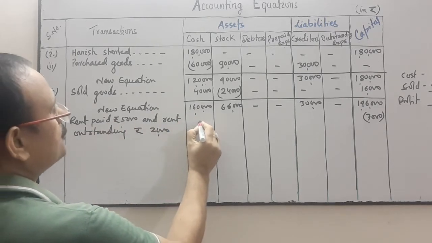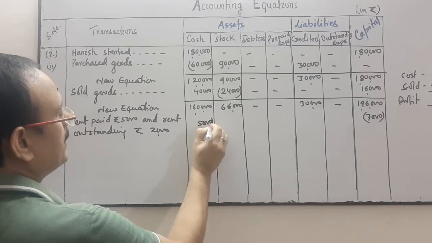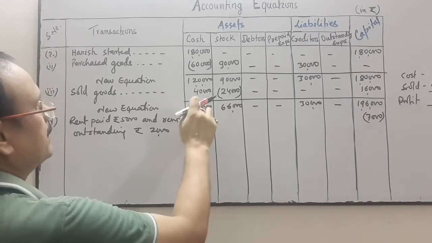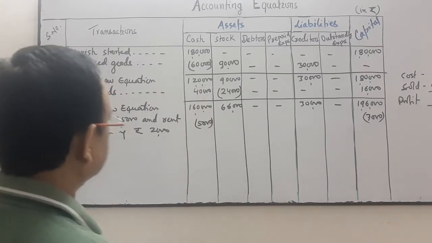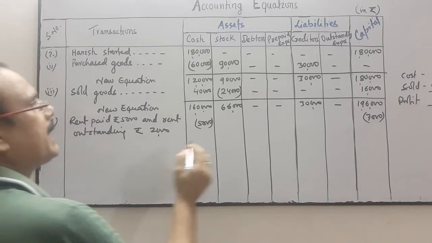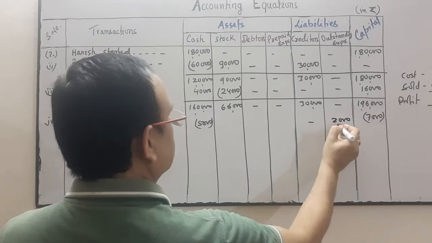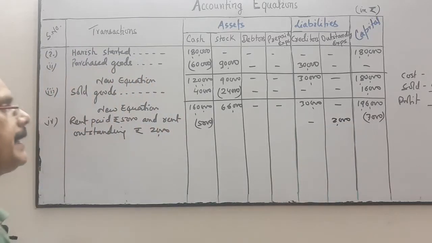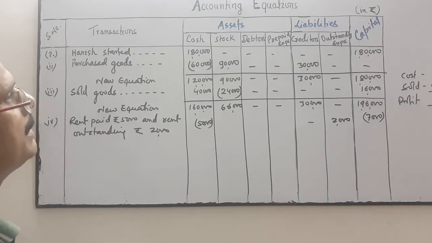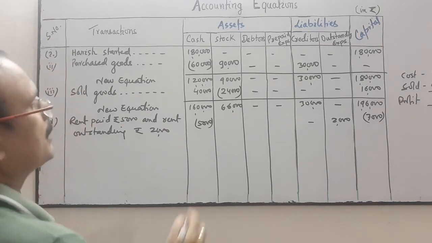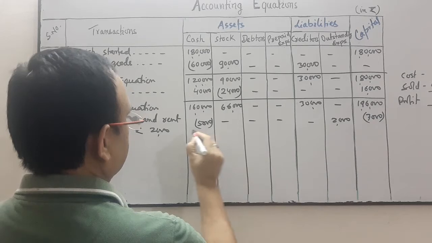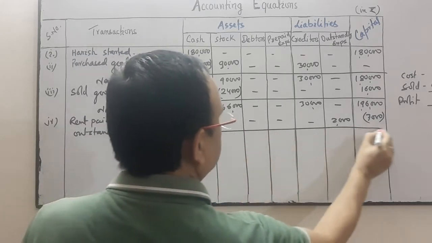5,000 rent is paid, so 5,000 cash will be deducted from this 1,60,000. The cash will be deducted, and rent outstanding becomes a liability. Rent outstanding is 2,000. So this is the effect of this transaction.